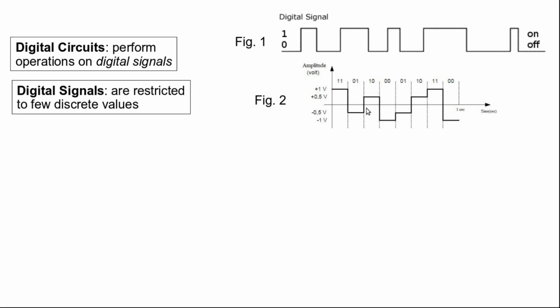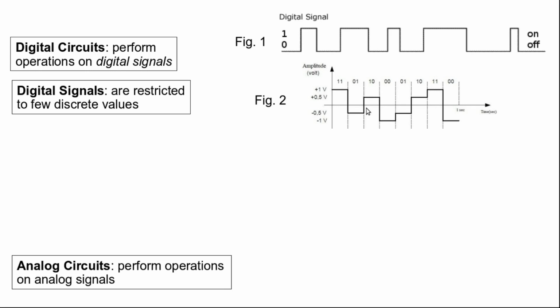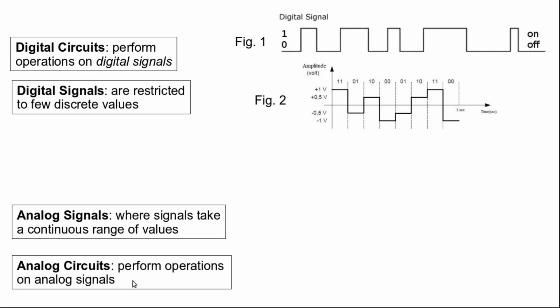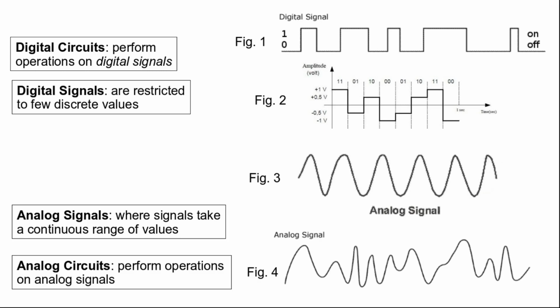In contrast to this, analog circuits perform operations on analog signals. And what do we mean by analog signals? Analog signals are signals which take a continuous range of values. So here are some examples of analog signals.